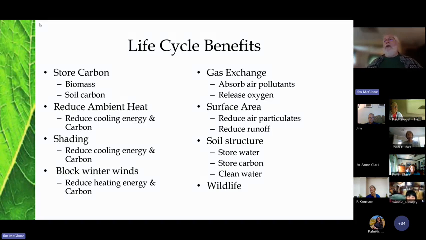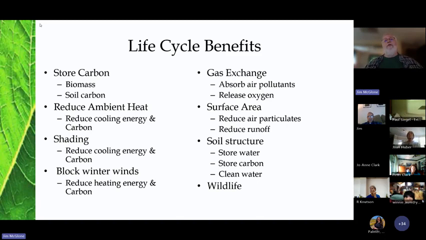Their surface areas reduce air particulates, and they also reduce runoff, which is really important for our streams, because a lot of the water pollution we're experiencing in Fairfax County in Northern Virginia, as well as the Chesapeake Bay, is from the amount of extra runoff we put into our streams every time it rains. And they help build soil structure by interacting with the soil ecosystem. This helps water infiltrate into the soil.